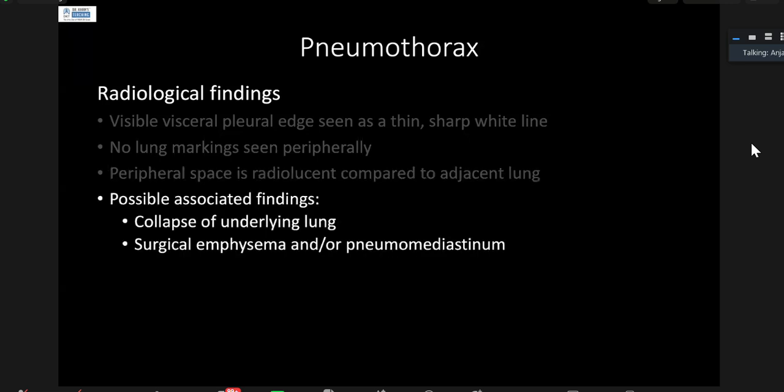Associated findings can be, depending on the volume of the pneumothorax, the underlying lung may be forced to collapse. Sometimes it can be associated with surgical emphysema. Surgical emphysema means air within the subcutaneous plane, okay? Or air within the mediastinum, which is called pneumomediastinum. These are possible associated findings.